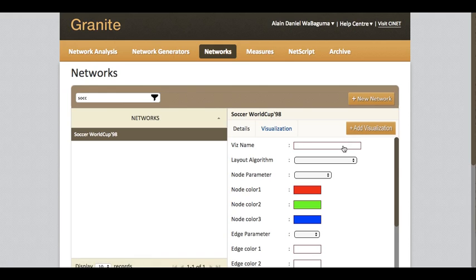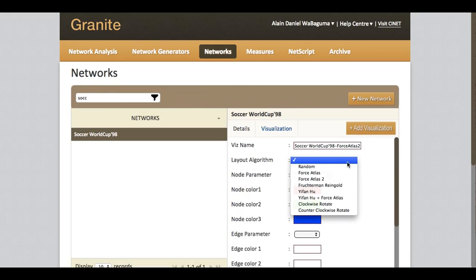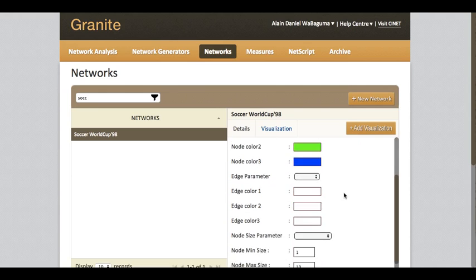In Force Atlas 2, let's see what it does without any of the parameters.